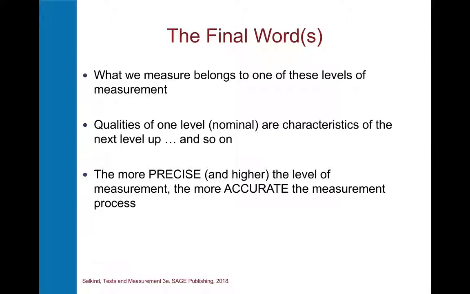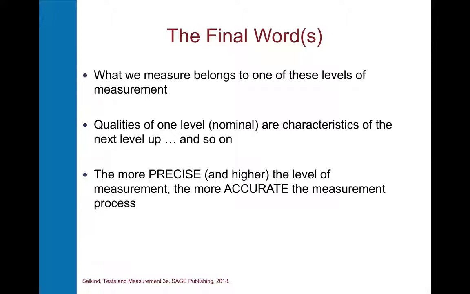Number 2, the qualities of one level of measurement, such as the nominal level of measurement, are characteristics of the next level up. In other words, variables measured at the ordinal level of measurement also contain the qualities of variables measured at a lower level, such as the nominal level.